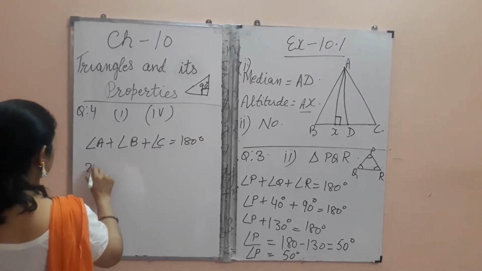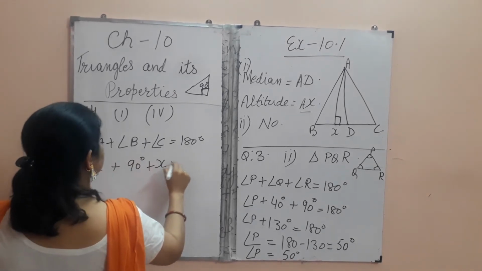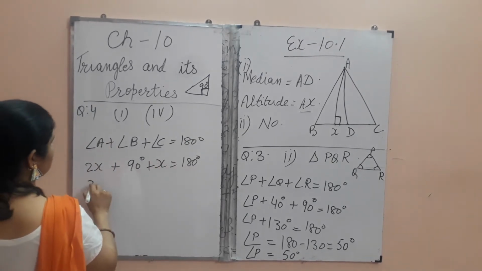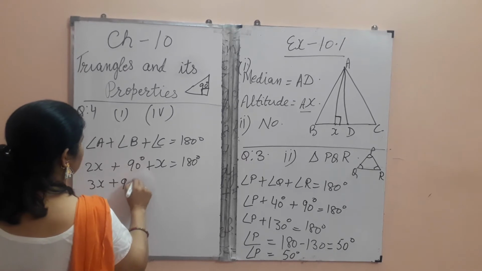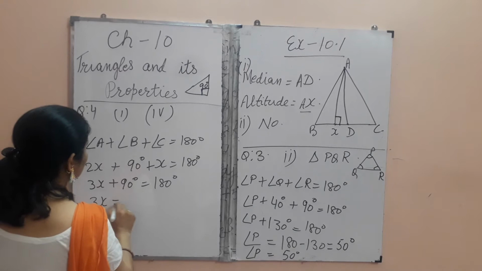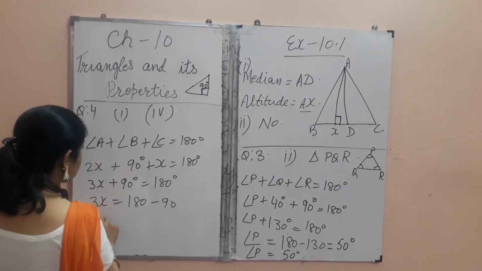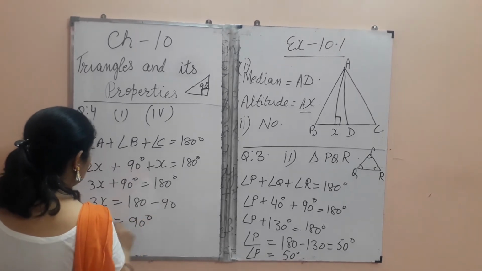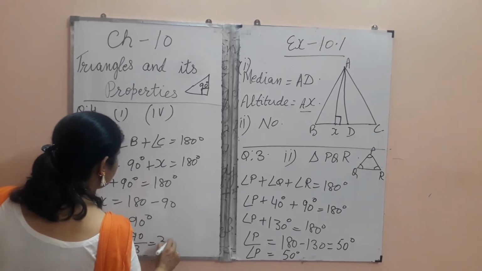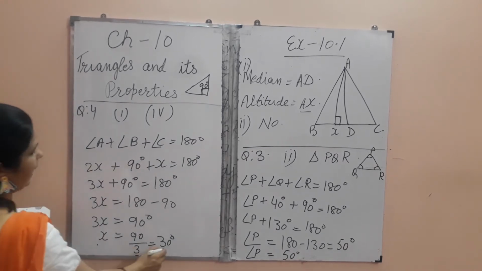Angle A is 2x plus 90 degrees plus x equals to 180 degrees. 2x plus x, 3x plus 90 degrees equals to 180 degrees. 3x equals to 180 minus 90, this 90 we will take to this side. 3x equals to 90 degrees. x equals to 90 upon 3 equals to 30. So the value of x is 30 degrees.